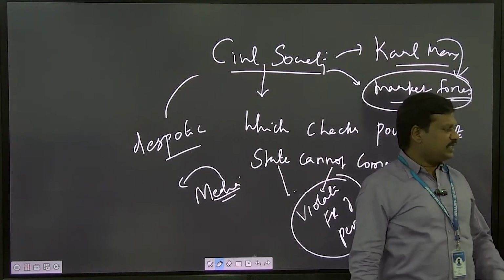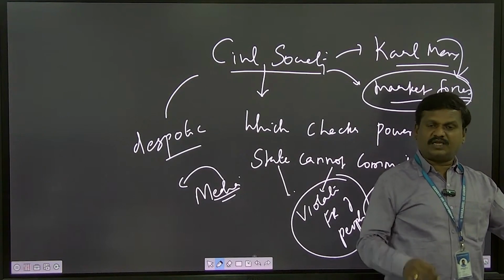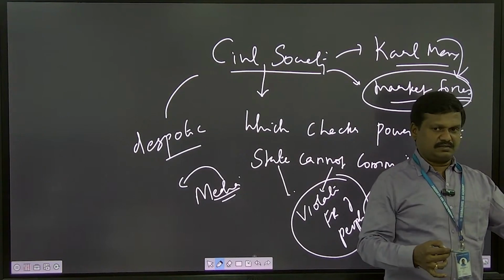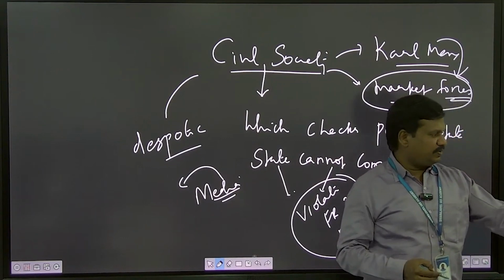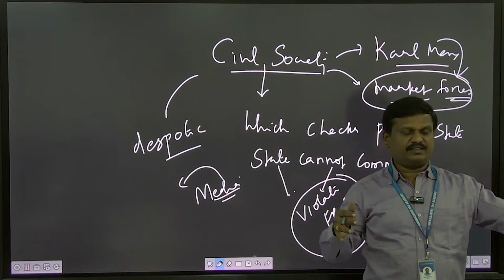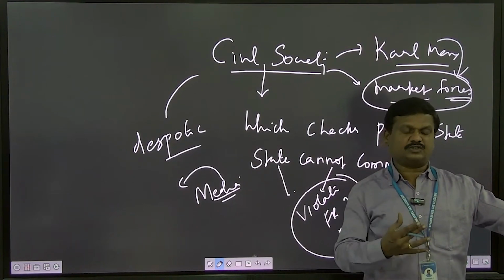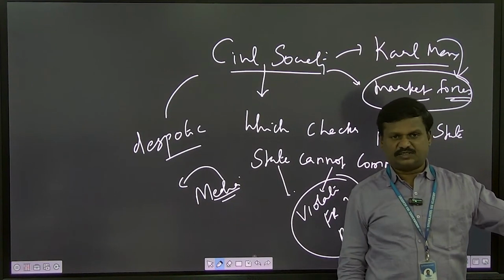Civil society means it is not a state. Then who is civil society? It is non-state, which will protect the rights of the people, ensure that the state is not violating the rights of the people, and the state is not becoming a dictator state.